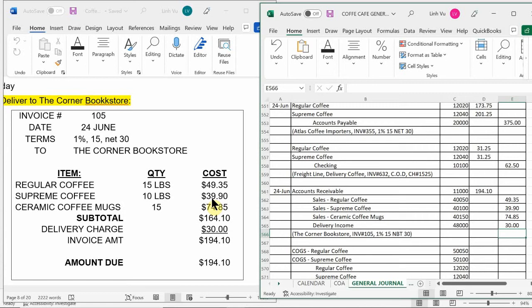So do we go into our subsidiary as delivery income? Okay, that's the wrong worksheet.